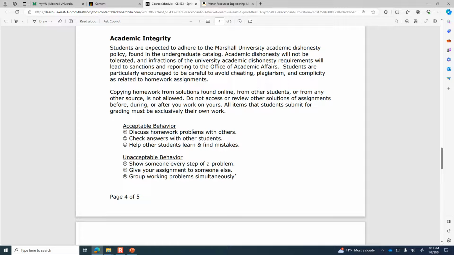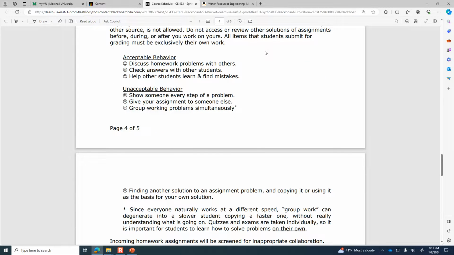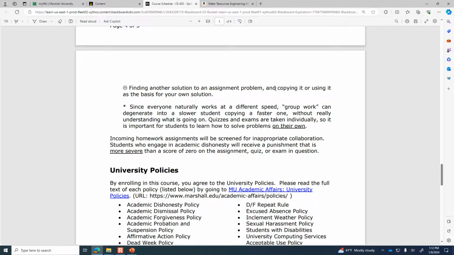But you should avoid crossing that line into showing somebody every step of a problem or sitting down at a table together and working through it at the same time, because in a situation like that, the person who naturally works a little bit more quickly is going to be doing most of the mental work, and the person who naturally would maybe be more deliberate is just going to mimic and follow the lead of the faster person. So I'd encourage you to read over the specifics of this policy and be cautious in that regard.